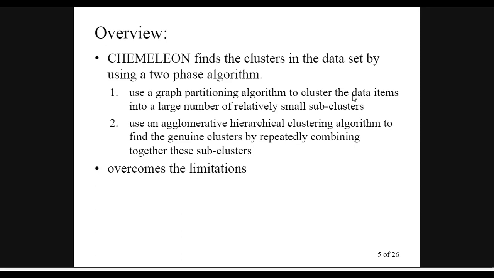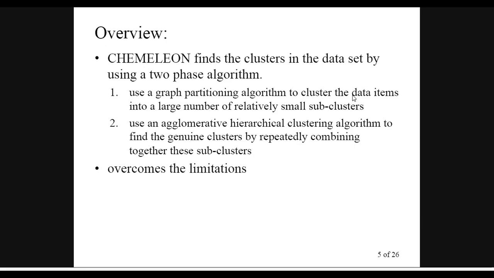So this is a smart algorithm that is based on hierarchical clustering, and it is much more advanced in comparison to its counterparts. The chameleon algorithm can be studied in two phases. In the first phase, we use a graph partitioning algorithm to cluster the data items into a larger number of relatively small subclusters.